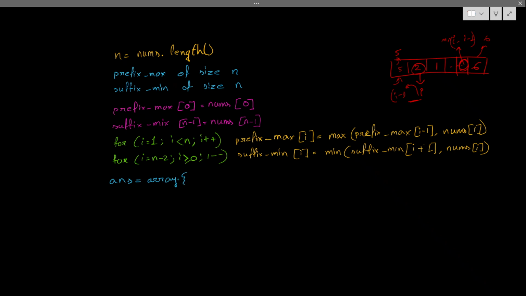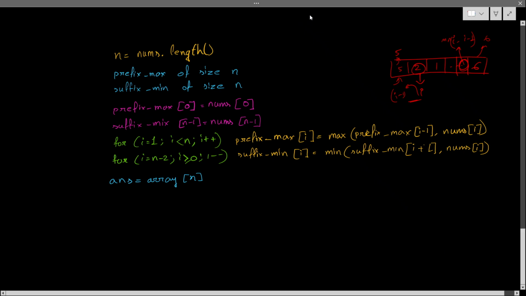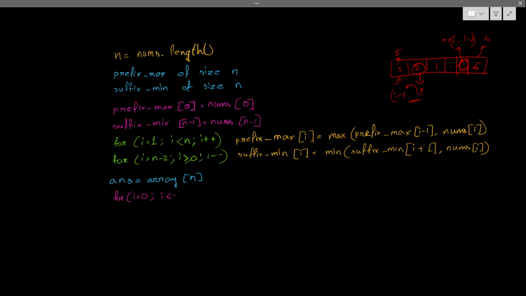So I have to iterate, and as I told you earlier, two things I have to do. First, I have to know my answer of n minus 1, which is nothing but my prefix max of n minus 1.